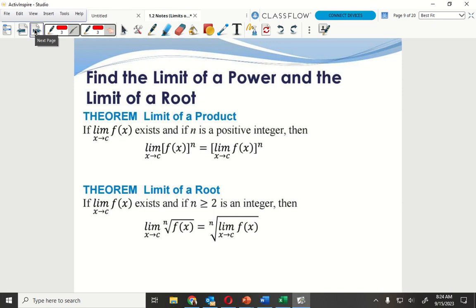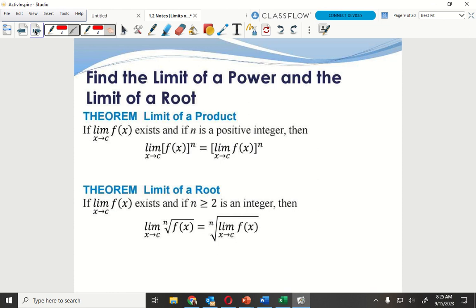Limits of a power and the limit of a root. Okay. If the limit of the function exists and n is a positive integer, then it's basically whatever the limit of the function raised to that power is same as just plugging that in. It's equal to the limit of whatever it is. So it's basically whatever your function raised to that exponent.